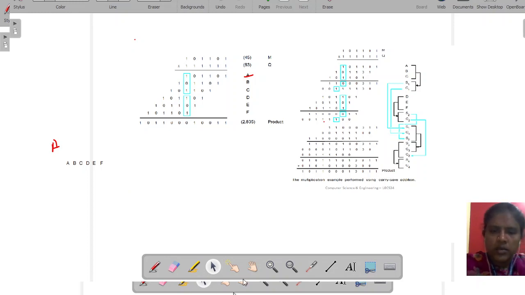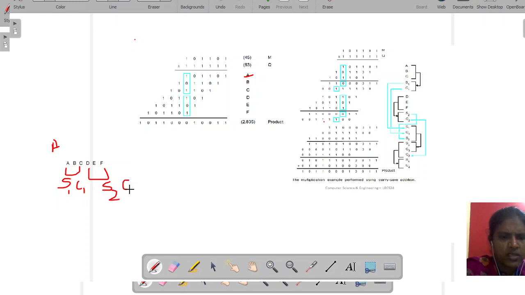Now you can see how you got this. A, B, C are added to generate S1 and C1, and D, E, F are added to generate S2 and C2 as shown here. Then S1, C1, S2 are added to generate S3 and C3.